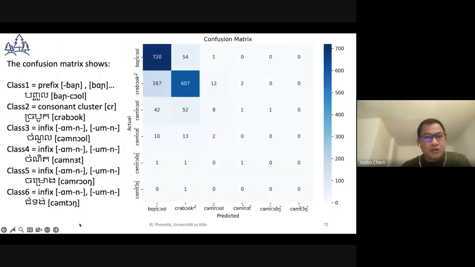This is the confusion matrix used for classifying. As a result, we found that the prefix bung plays an important role in classifying the reduction phenomena, followed by the consonant cluster with trill consonant and the infixes. That's why infixes play an important role as well in reduction phenomena in Central Khmer.